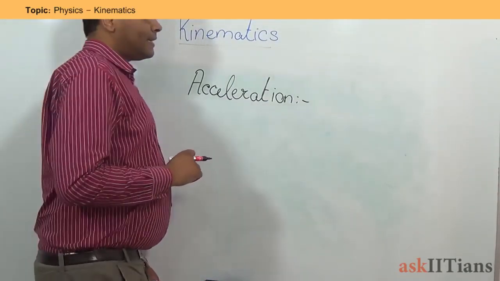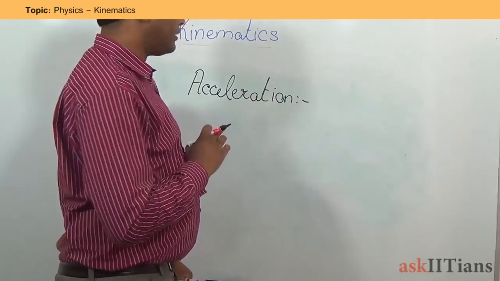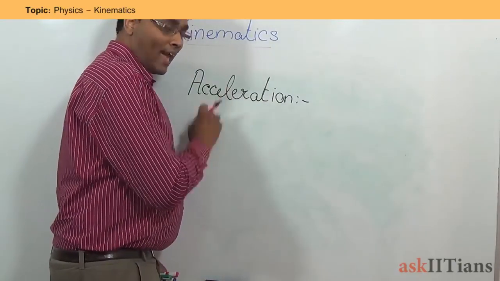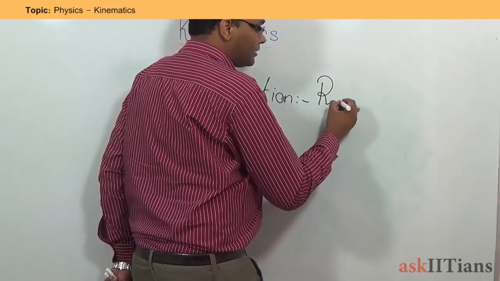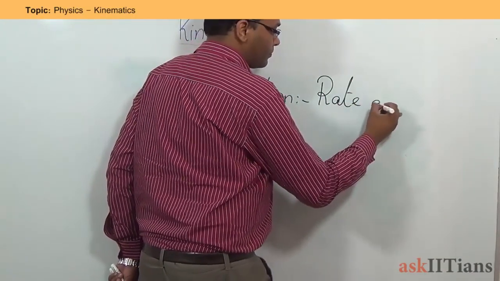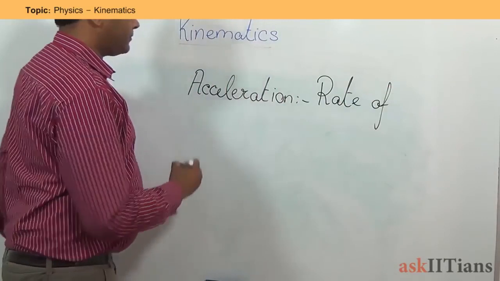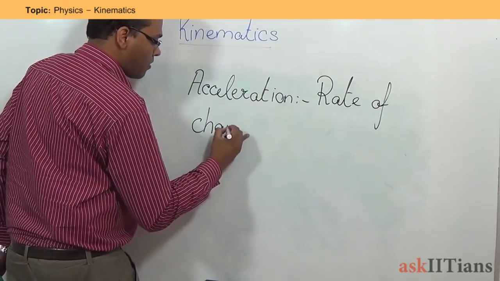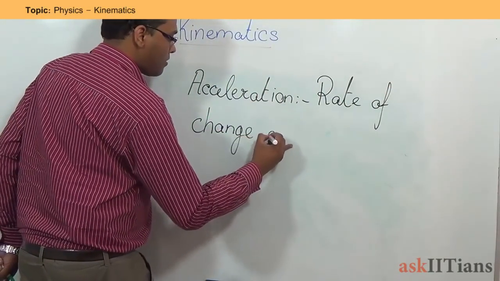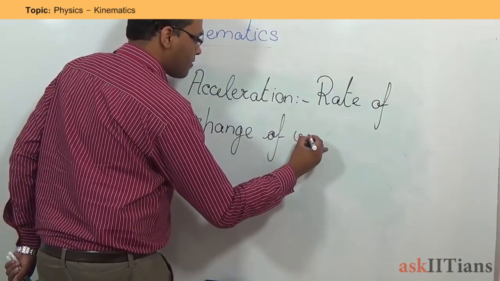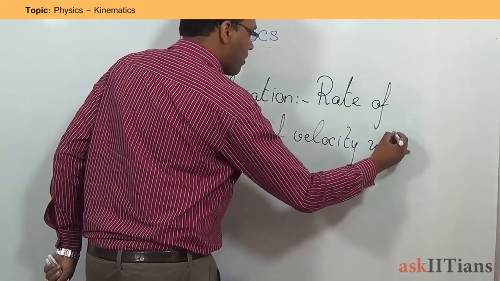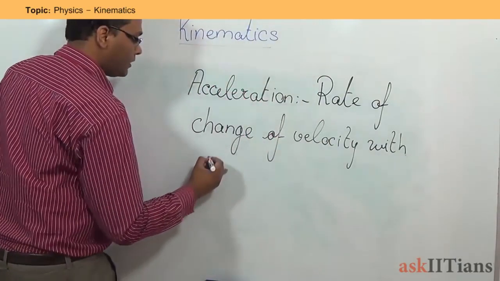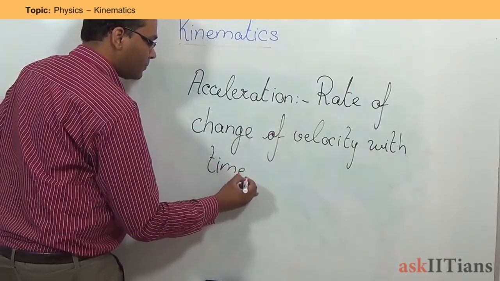When I say that there is a change in velocity, the rate of change in velocity is what is defined as acceleration. So, what is acceleration? Acceleration is equal to the rate of change of velocity with time.